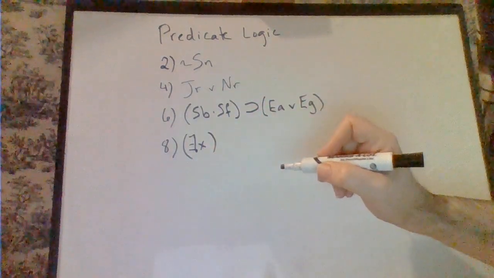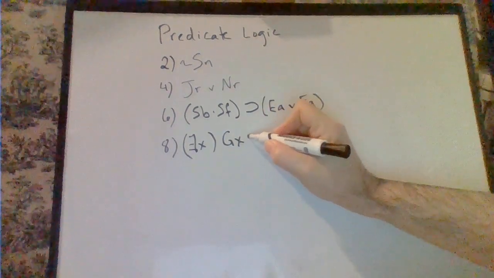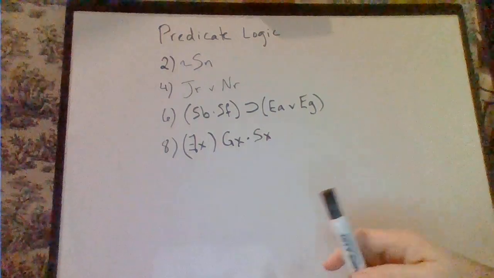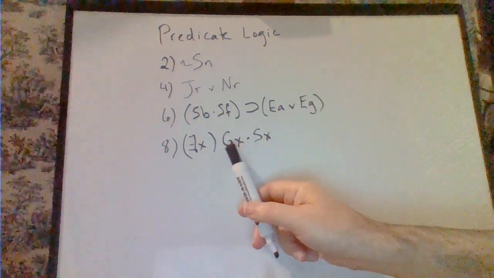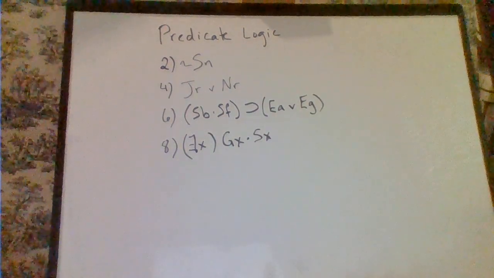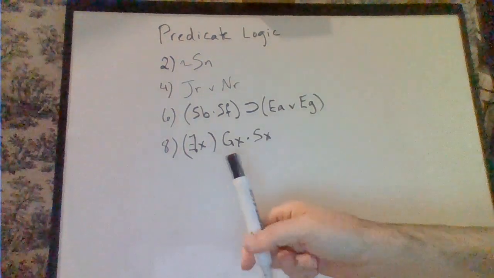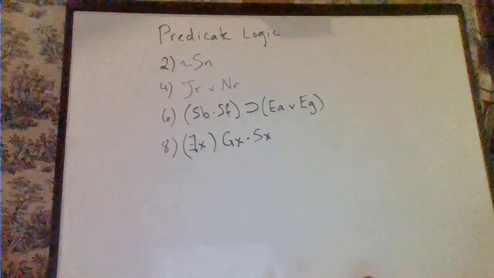And then Gx and Sx. So basically, this says for this particular x, this x is both a grape and this x is sour. Okay? So some grapes are sour. This particular x, whatever it is, happens to be both a grape and a sour thing.